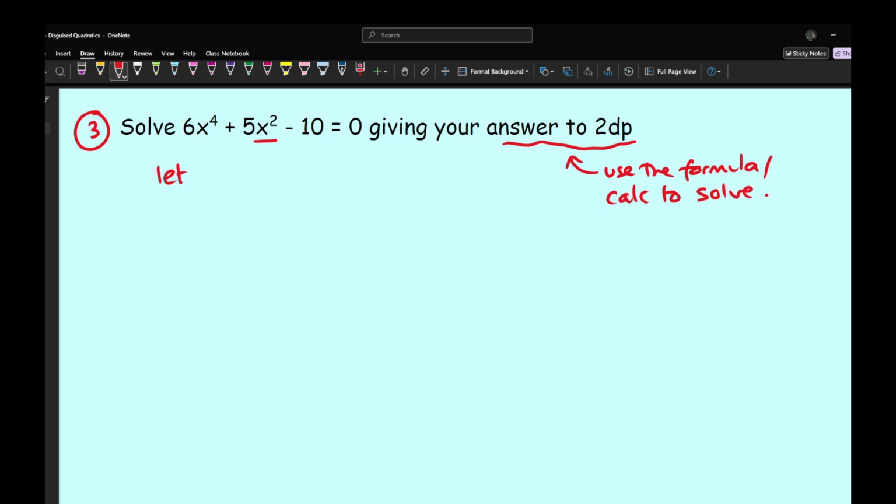So if we let y equal x squared, then we end up with 6y squared plus 5y minus 10 equals 0.